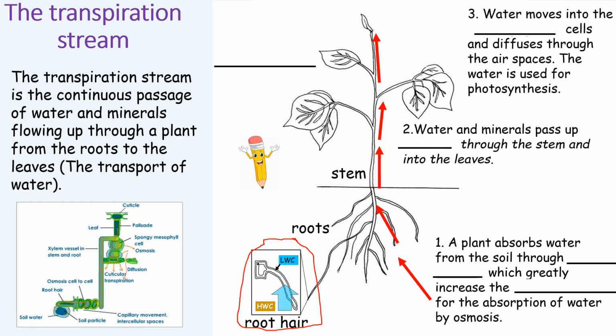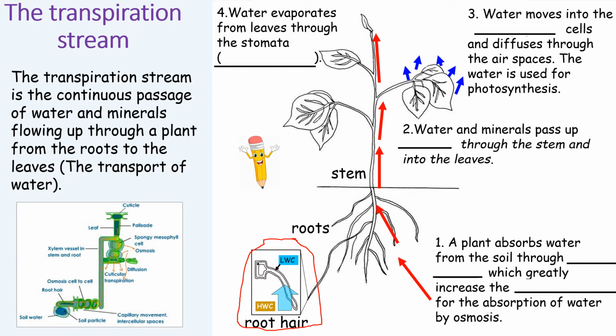Your water is going to move from the high water concentration to the low water concentration, down a concentration gradient, by the process that you should already know called osmosis. So a plant absorbs water from the soil through its root hairs, which greatly increases the surface area for absorption of water by osmosis.